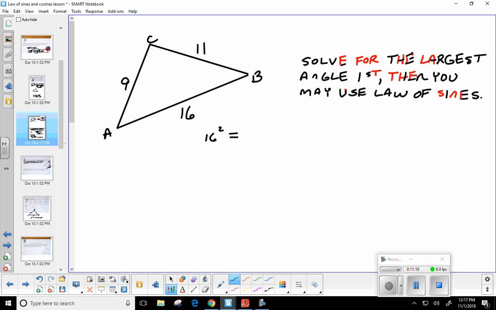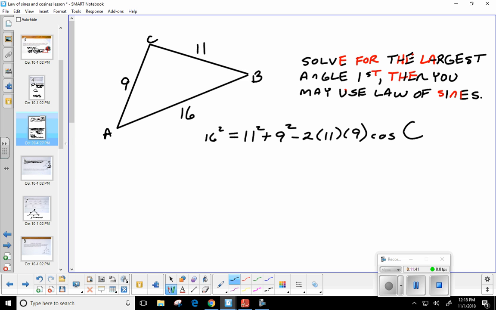Now we take the other two sides. Remember, we square them and do what? Add them. Then we subtract 2 times 11 times 9 times the cosine of angle C. It's always the same pattern.